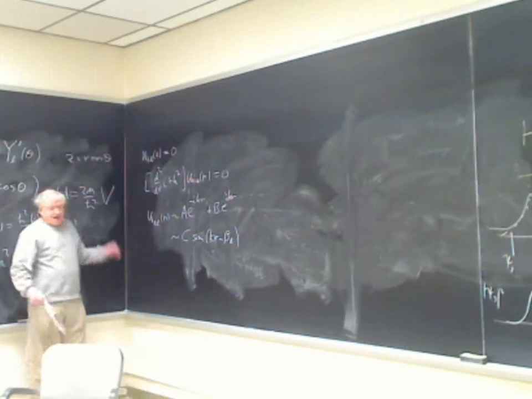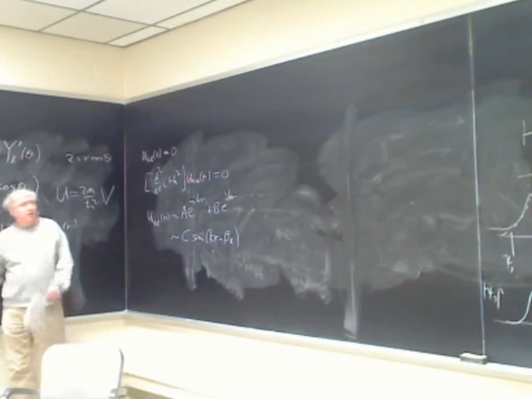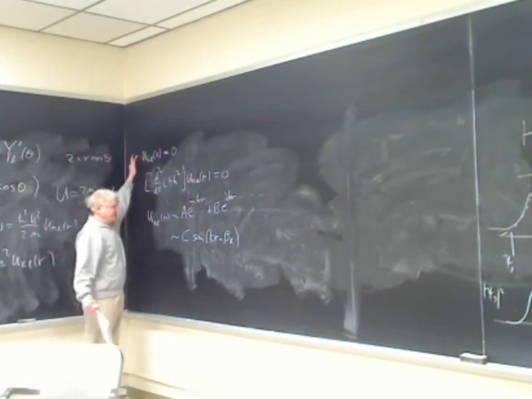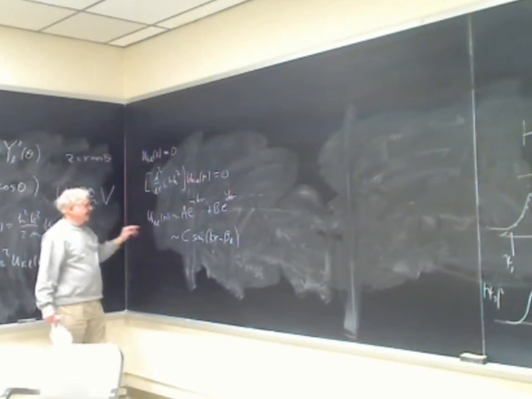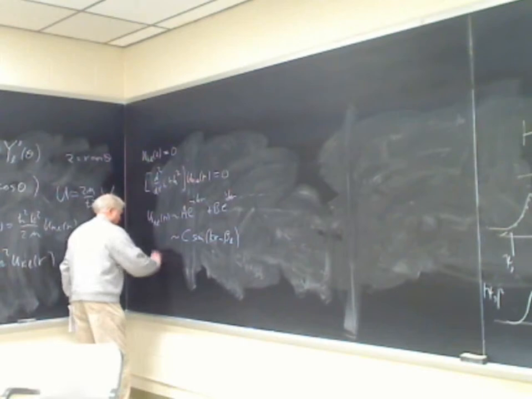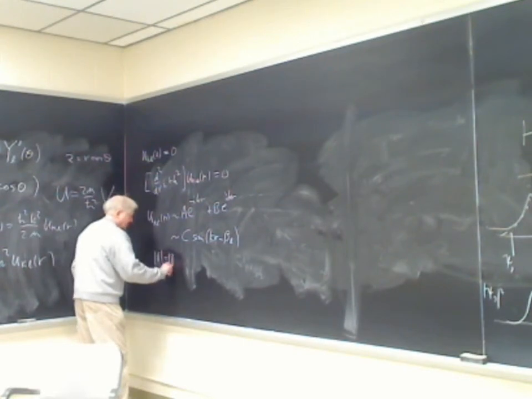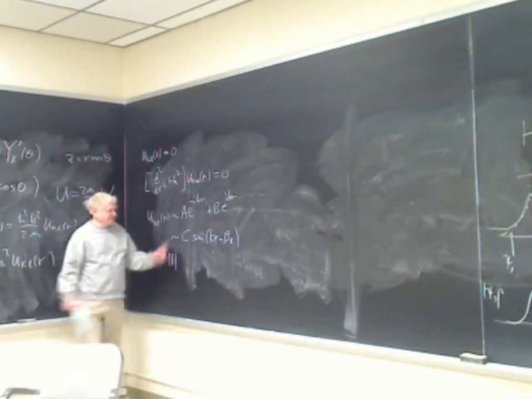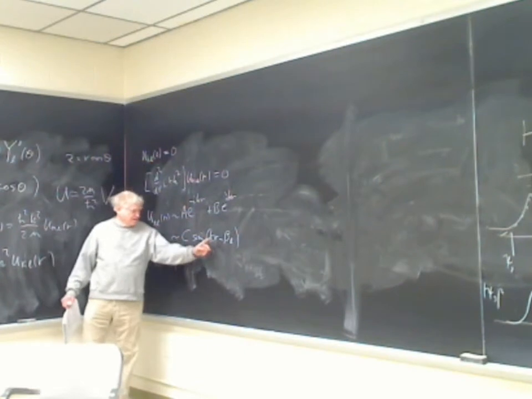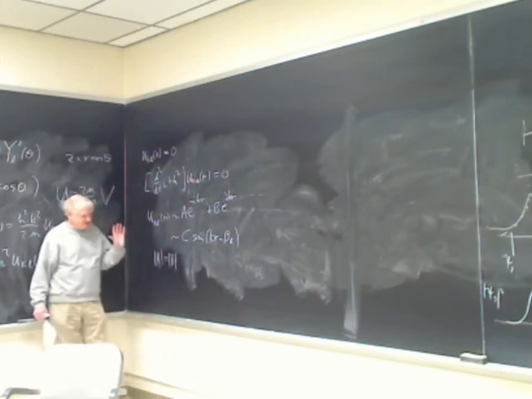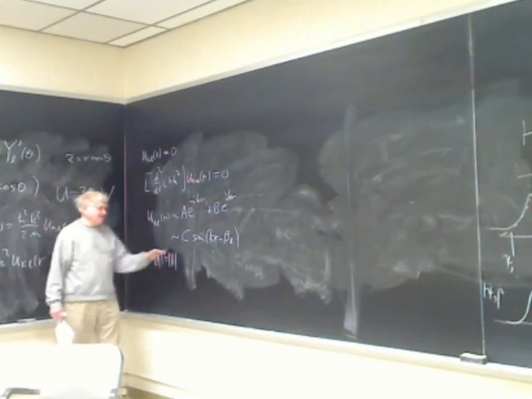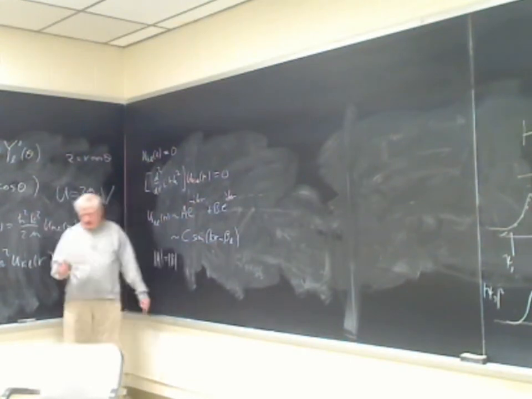So you solve this equation, you apply this boundary condition, and the asymptotic condition that A equals B, and then you wind up with something proportional to the sine of kr minus beta L at large distances. At small distances, you have something that's more like sine of kr.